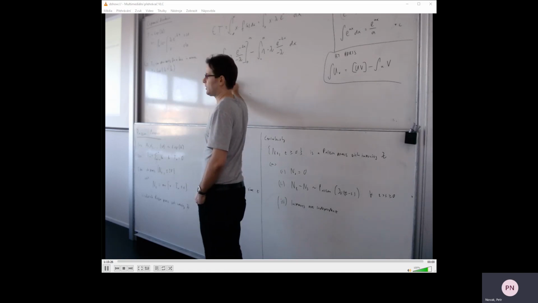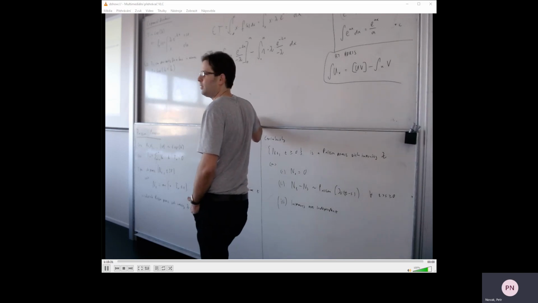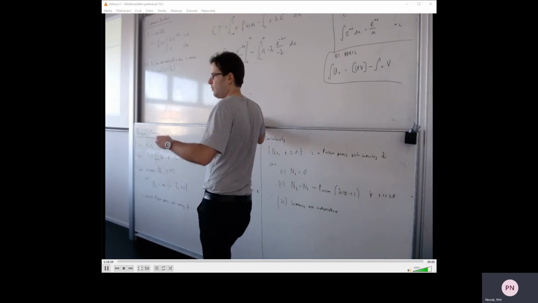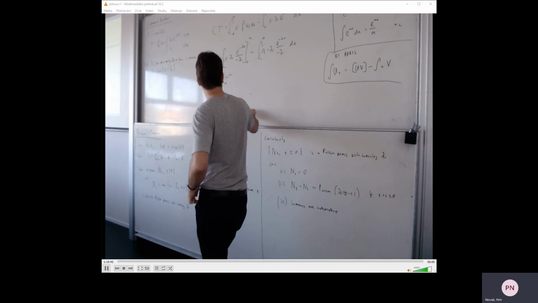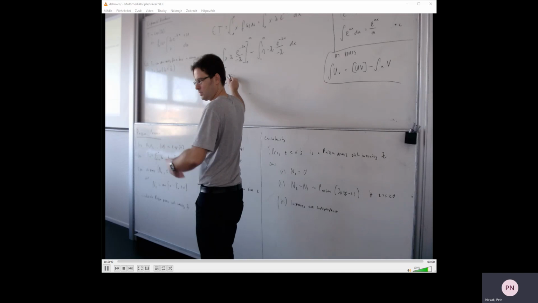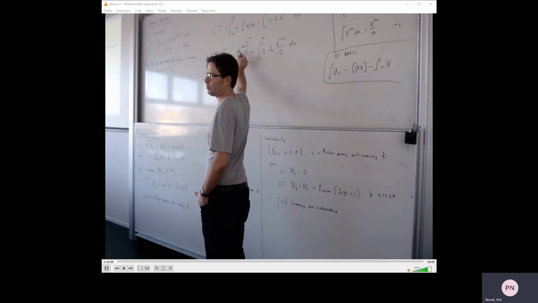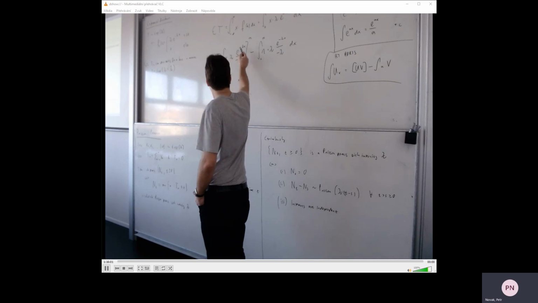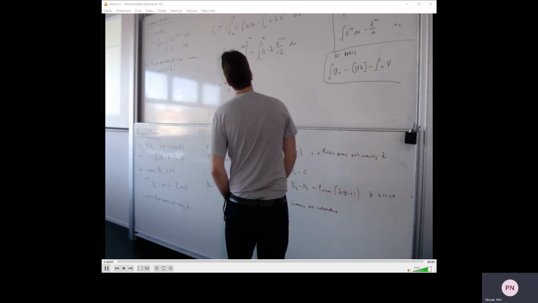If I have a polynomial times exponential, the exponential always wins, whether growing or decreasing. So this is like infinity times 0, but the 0 is faster, so this goes to 0. And if x goes to 0, I have 0 times e to the power of minus 0, which is 1, so it goes also to 0. So this whole thing goes to 0. We don't care about it.